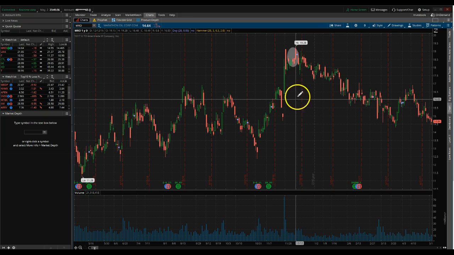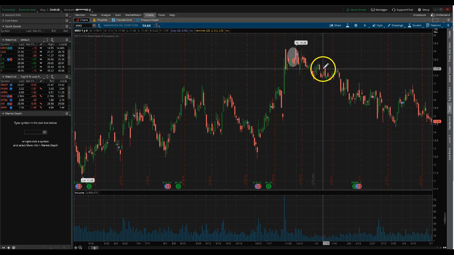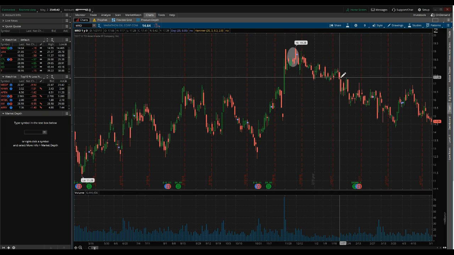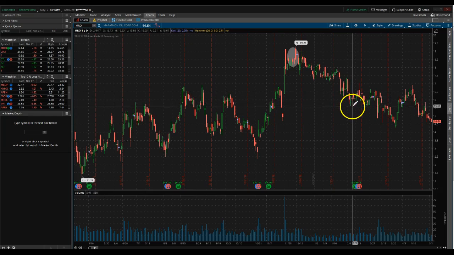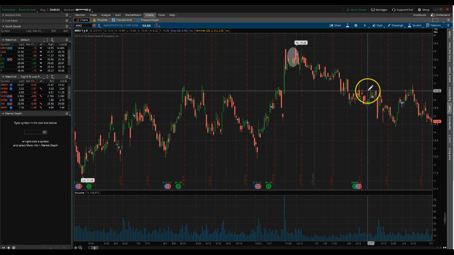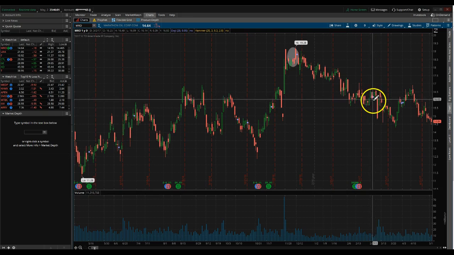So as the stock continued to drop, we really had no clear indication of what a new trading range was. As it continues to fall, we see here that it starts playing around in this area from about $15.50 up into about $16.50, which is about a $1 move. So couldn't really get any sustained move at any point.